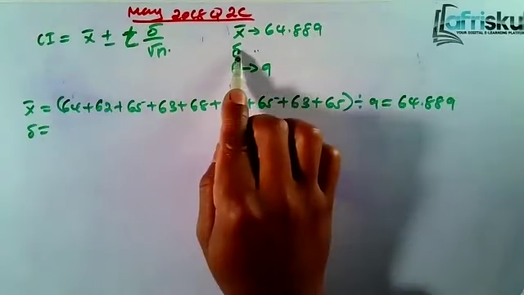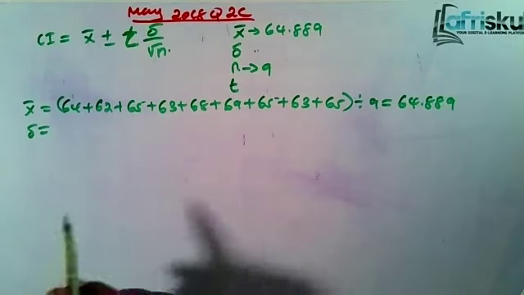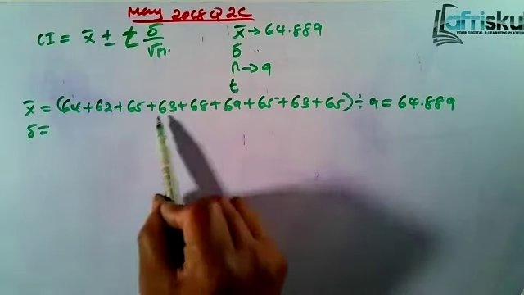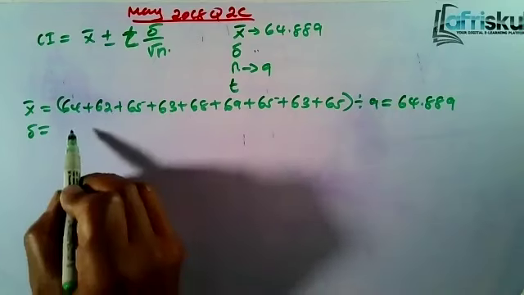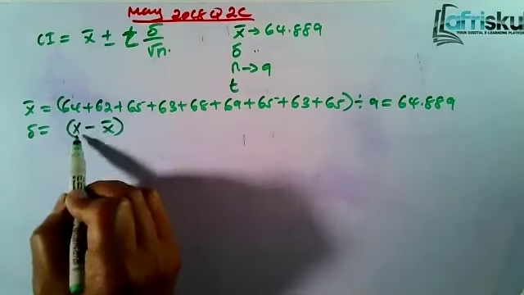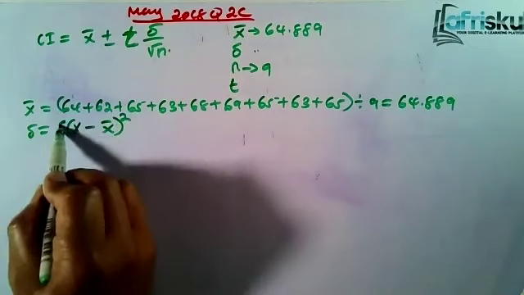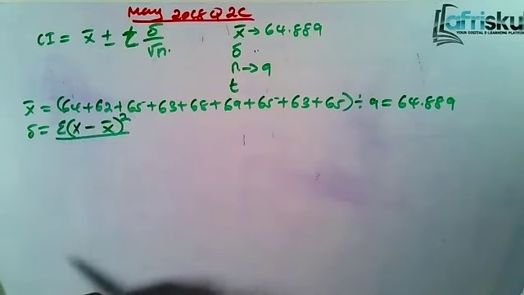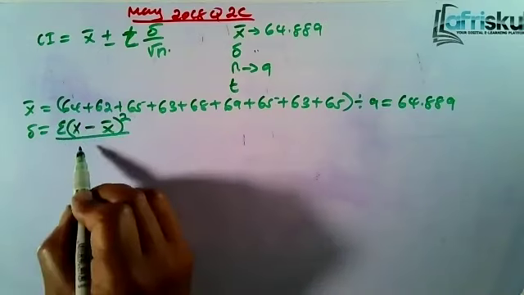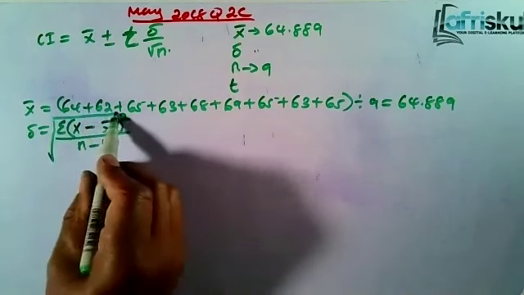Then we find the standard deviation. How do we get it? This is how we get the standard deviation. In the absence of probability, because in this case you're not given the probability, you take X minus X bar squared, then add them all. Then since our sample is less than 30, you minus 1, and then you get the square root.